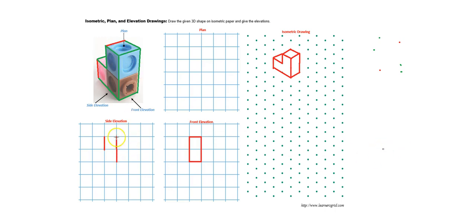This bit here would be the top, so that's what I could see if I was standing here, looking that way. And then I can just do that and that to finish it off. And this is my side elevation. If I was looking from here, I would see a backwards L. That's how it is, 2 high, 2 across, 2 high, 2 across.